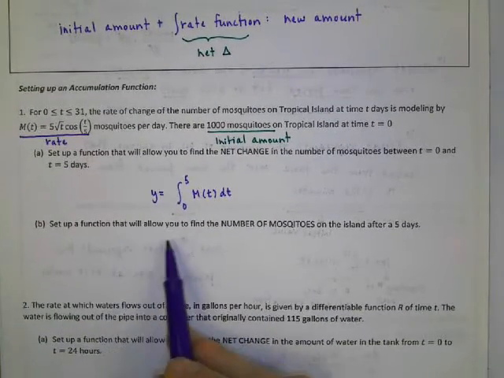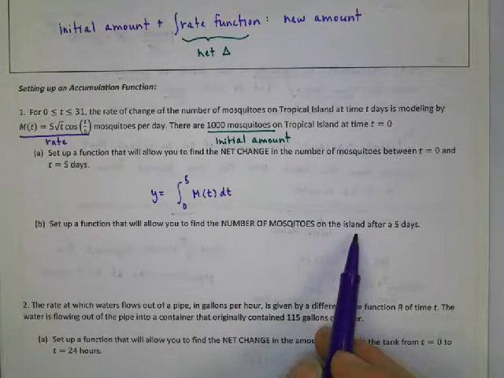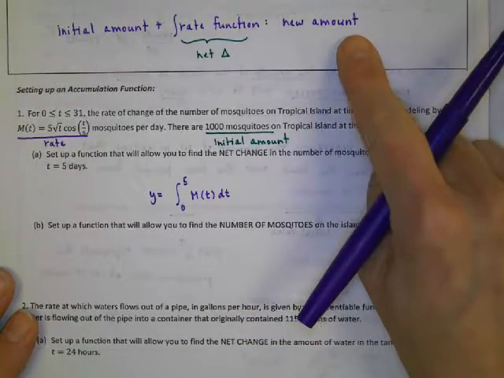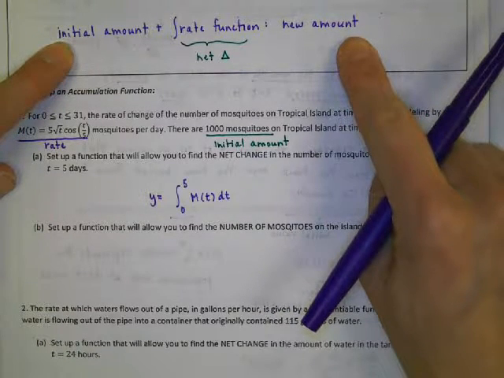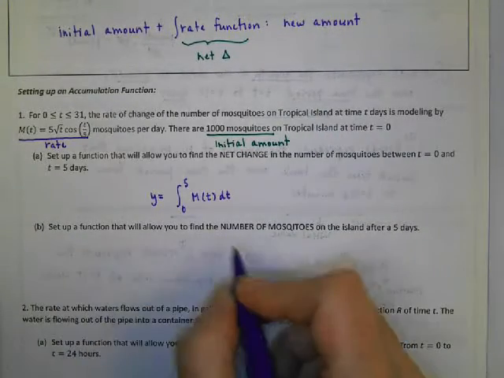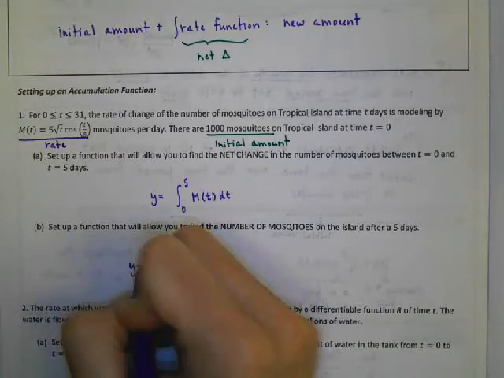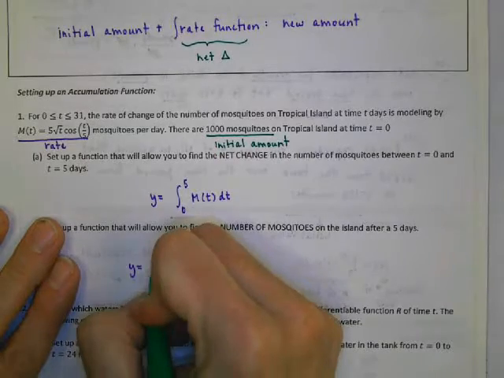Now, if I want a function that's going to allow me to find the number of mosquitoes on the island, now I want the new amount. So I have to take into consideration that initial amount. Sorry for my trouble speaking today. Okay, so now to get the number of mosquitoes, I know I need my initial amount, which we said was 1,000.